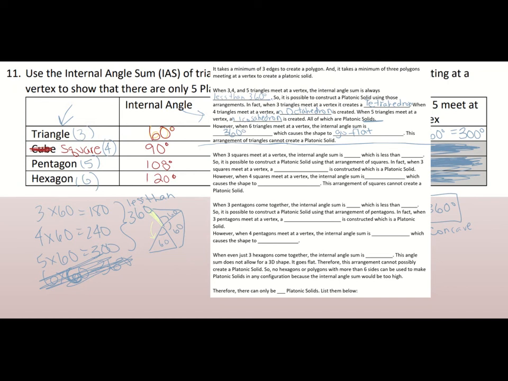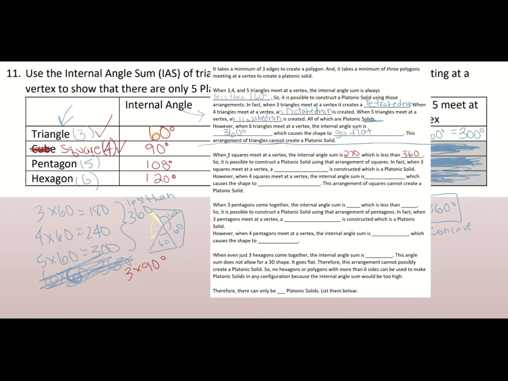So we move into the squares. This is the next polygon. We finished all the triangles, so now we move up to 4-sided figures. Those are the squares, and we must start with 3. It takes 3 polygons coming together to create a Platonic solid. So when 3 squares meet at a vertex, the internal angle sum from your table was 270, which is less than 360 degrees.